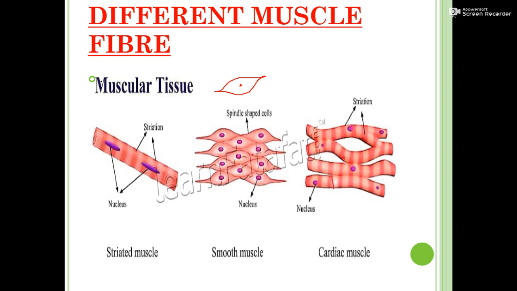One muscle is there, another muscle, then one muscle is there. So due to the connection of the different short muscles, we can see a lot of nucleus together, but it does not mean it is multinucleated. One muscle fiber contains one nucleus, so we can say that these are uninucleated.